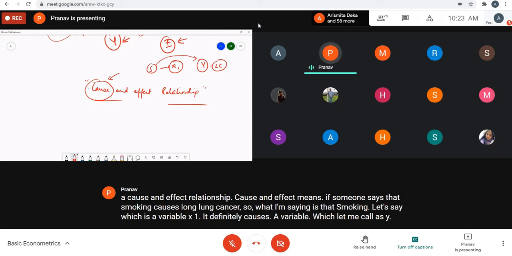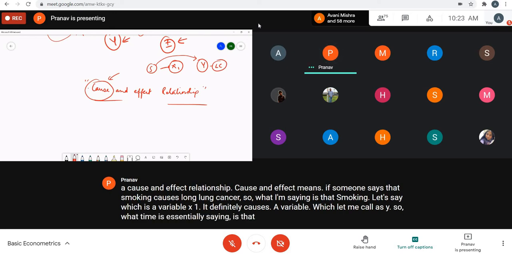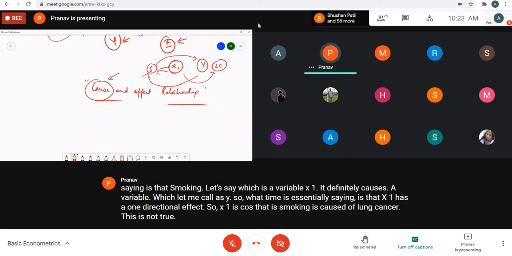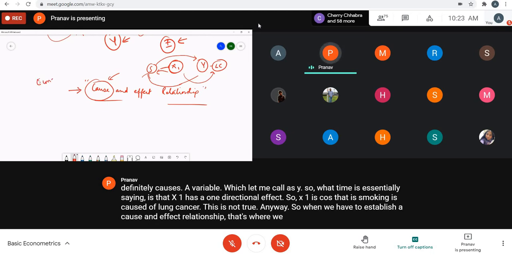So what I'm essentially saying is that x1 has a one directional effect. So x1 is the cause, that is, smoking is the cause of lung cancer. This is not true, anyway. So when we have to establish a cause and effect relationship, that's where we use econometrics.